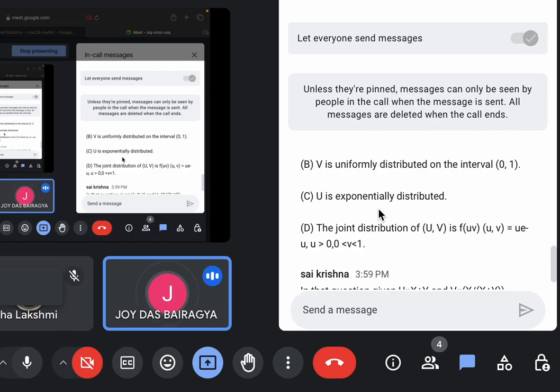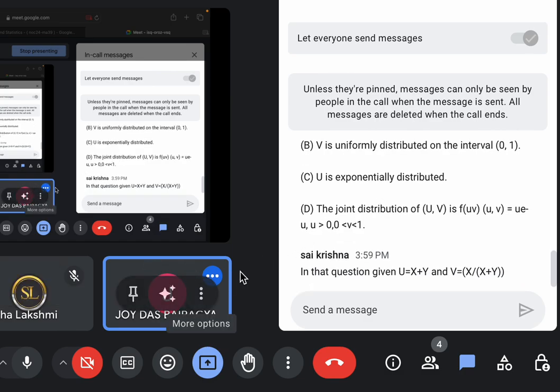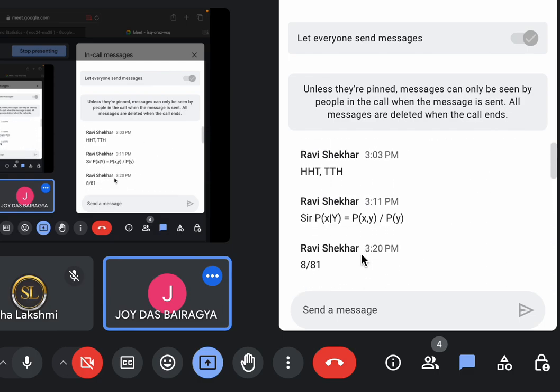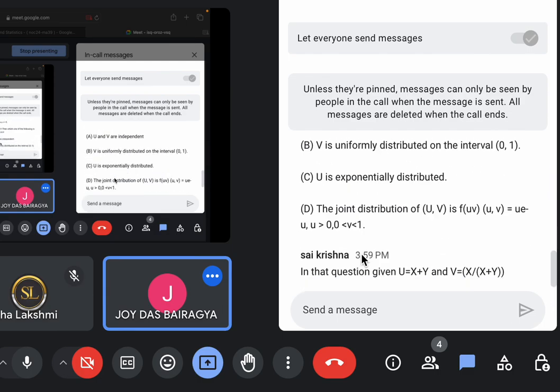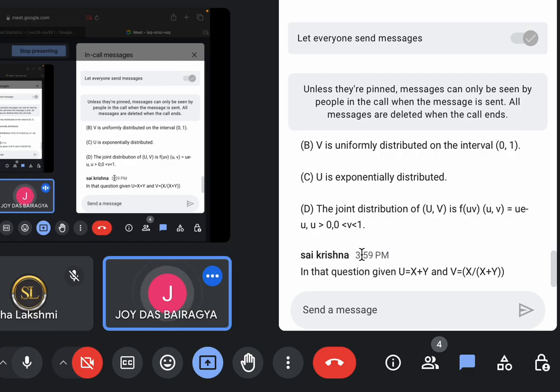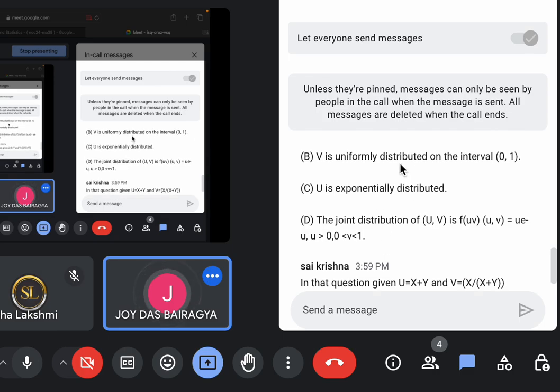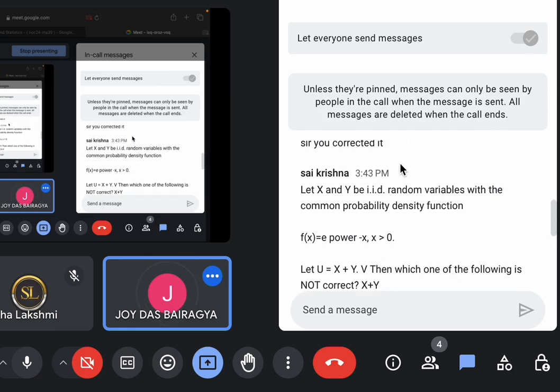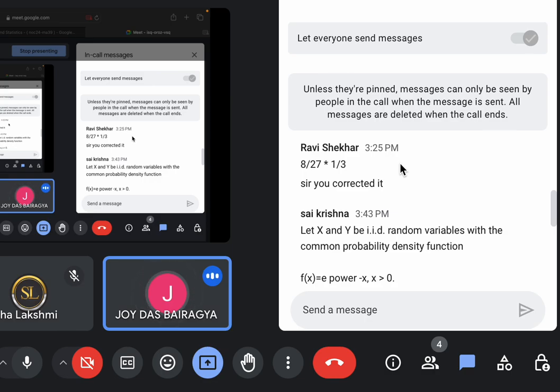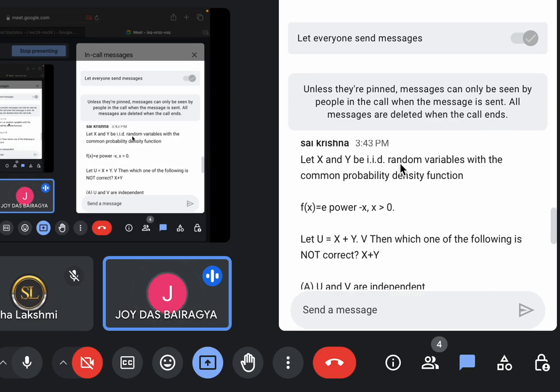Okay, then I think it is the end of this tutorial. Let me take a screenshot of this so that I can try to solve it.